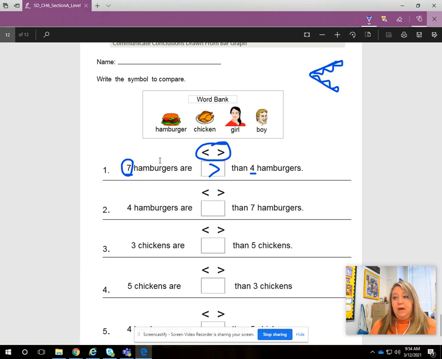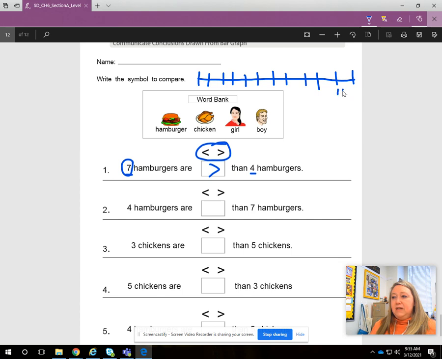Now there's some stuff that we might be able to do to help our friends know which of the numbers is bigger. One way is that you can draw a number line. So if I draw a number line up here at the top, 1, 2, 3, 4, 5, 6, 7, 8, 9, 10, right?